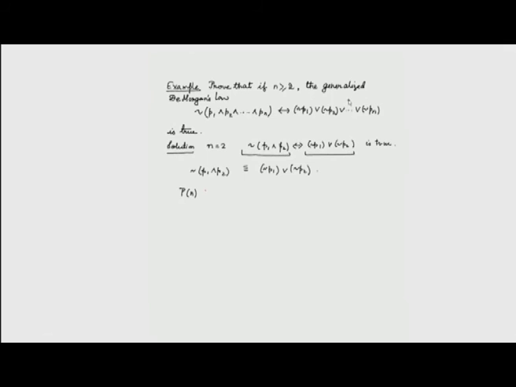So, I write the statement as this, that I have got a statement Pn which is not of P1, P2 and Pn equivalent to not of P1 or not of P2 or not of Pn.